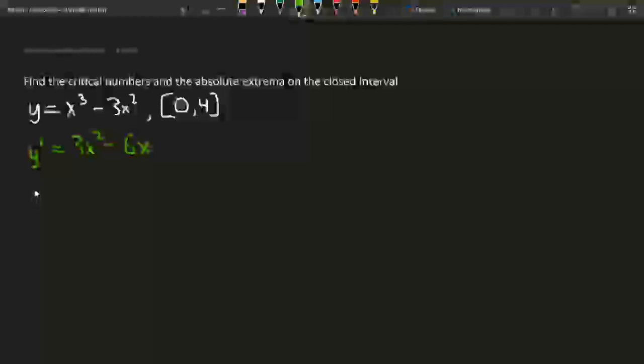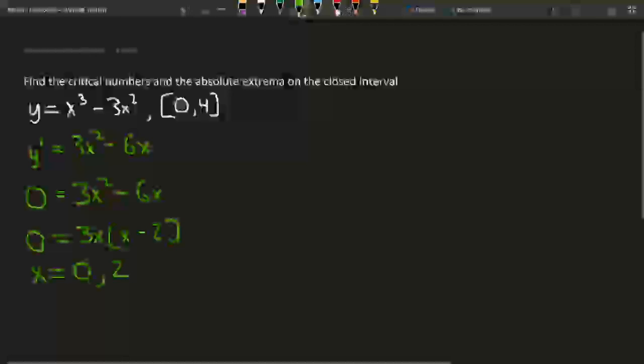So let's do that. 0 equals 3x squared minus 6x. And then if we solve it, we get 0 equals 3x times the quantity of x minus 2. And we get that x is equal to 0 and 2. So these are our critical numbers right here.